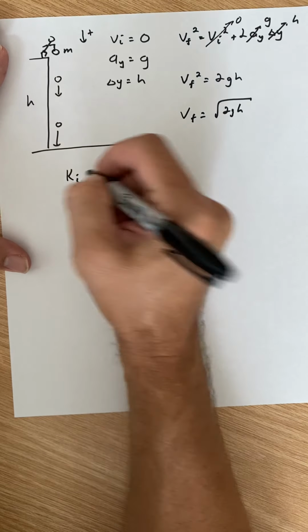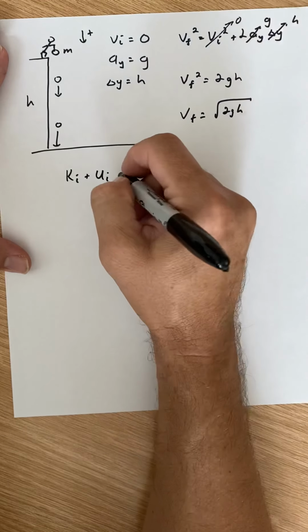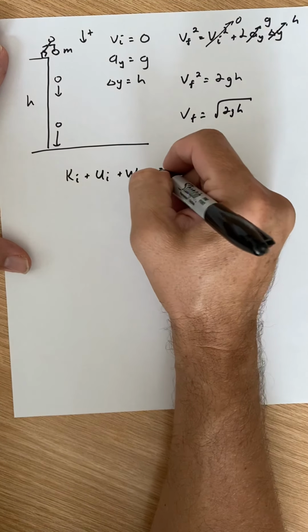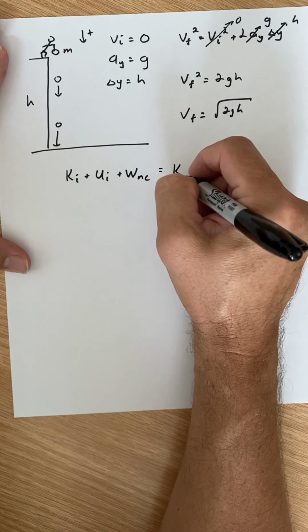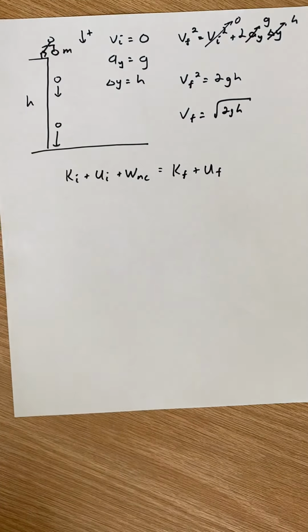To begin with, initial kinetic plus initial potential plus work due to non-conservative forces is equal to kinetic final plus potential final. And on the face of it, I've got a lot of terms here, and you might be going, how is this easier? Well, it becomes easier if we do some clever setting of our 0 point.